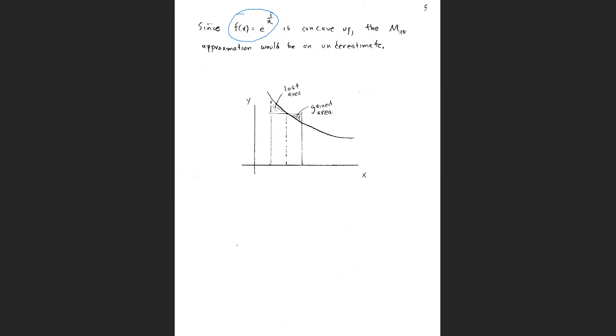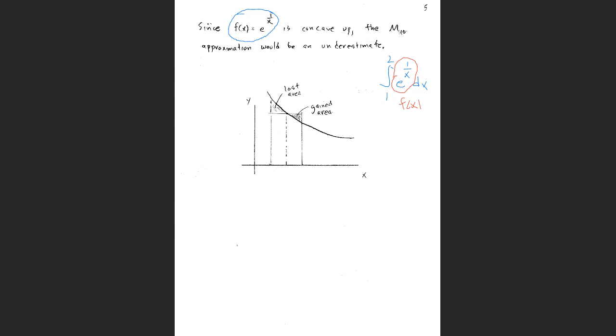Again, our original integral is from 1 to 2 of e to the 1 over x dx. So there's our function. And e to the 1 over x is a concave up function.